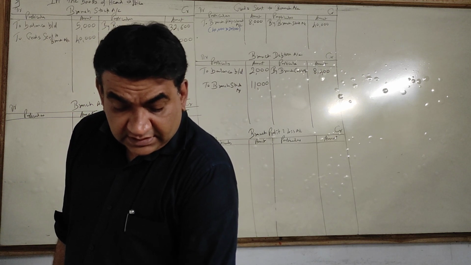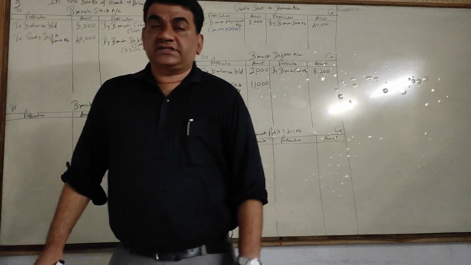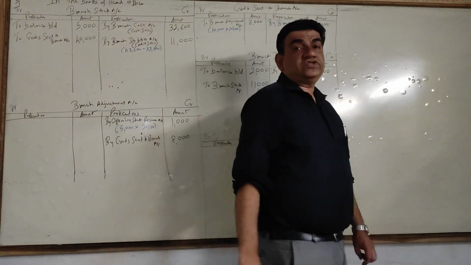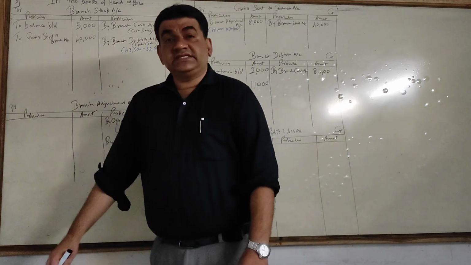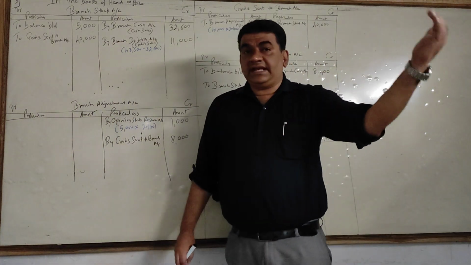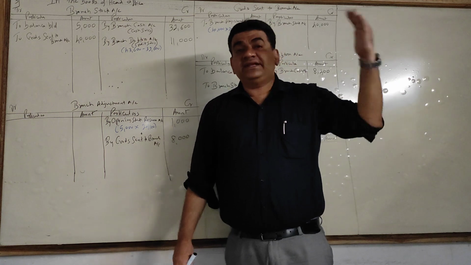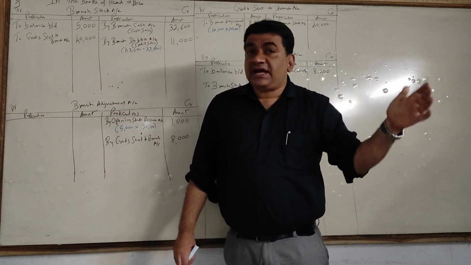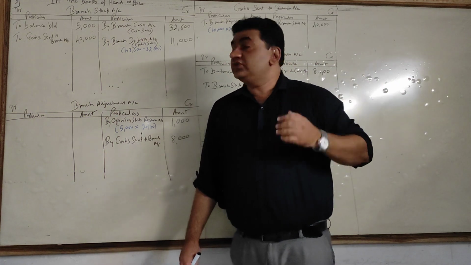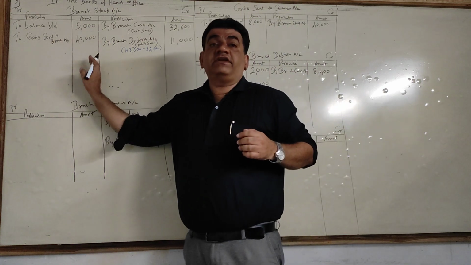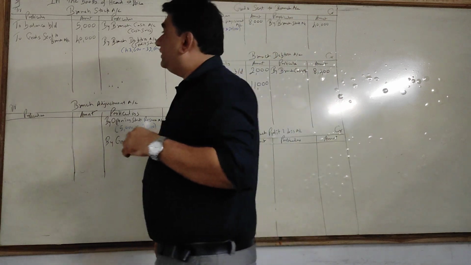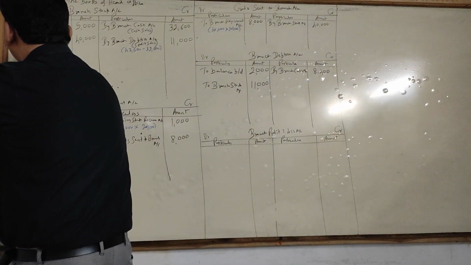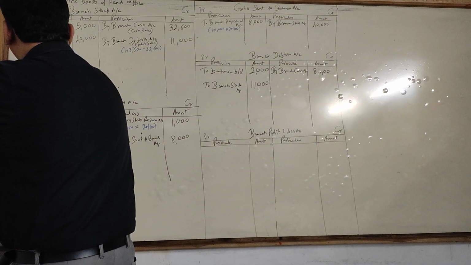Next, goods returned by debtors. Returned by debtors means sales return. Can I say customers are returning goods to the branch? Goods are coming into the branch, therefore we will debit branch stock. And where are they coming from? Debtors are returning to us, so come to the debit side of branch stock.